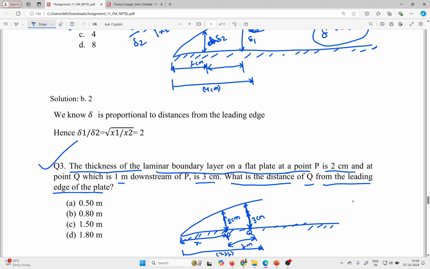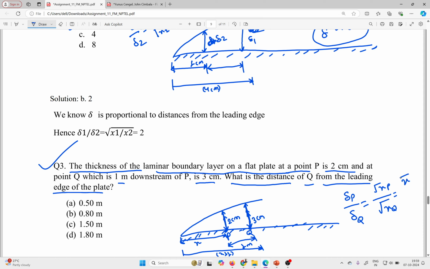So delta at P divided by delta at Q is equal to root x divided by root xq.